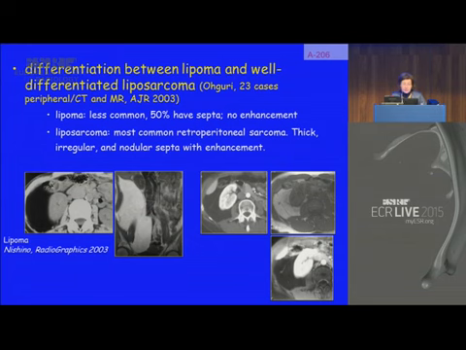Lipomas, which are rare tumors, are either homogeneously fatty, as in this example of lipoma, or have septa that do not enhance. On the other hand, liposarcomas, which are the most common retroperitoneal sarcomas, may have irregular septa with nodularity, as in this example, which enhance.